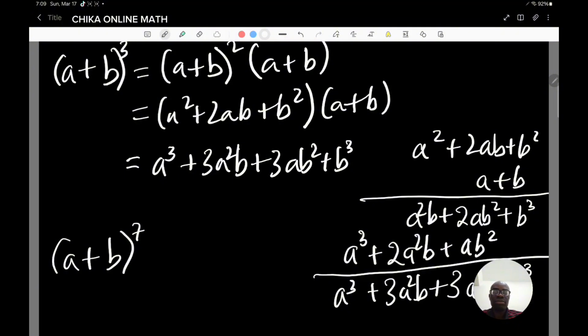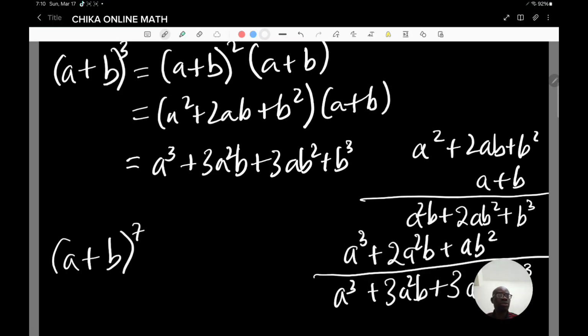You can imagine the stress we would undergo before we get (a + b) raised to power 7. So that is why this binomial theorem, binomial expansion, is very important. So we try to derive a formula so that we don't need to pass through these steps. By the time we just substitute a, b, and the numbers in the formula, we'll get (a + b) raised to power 7 in one touch.